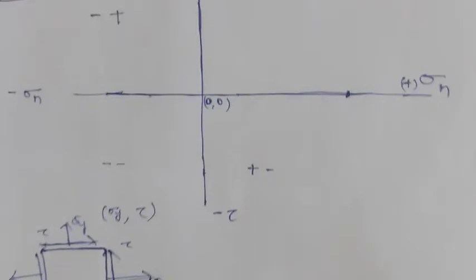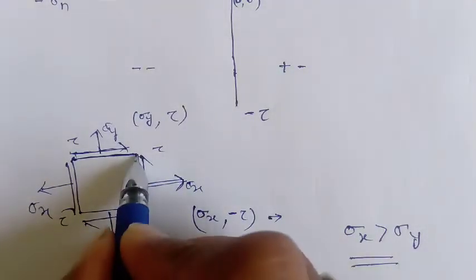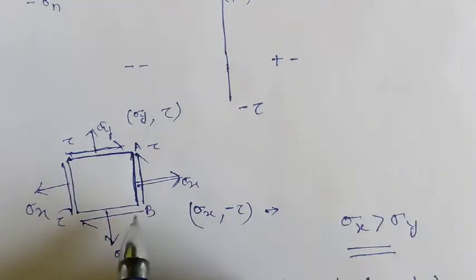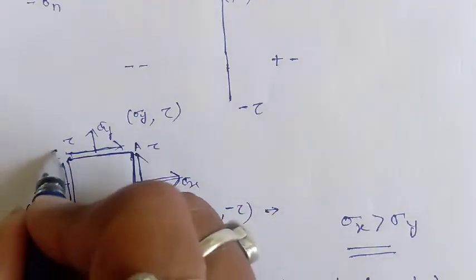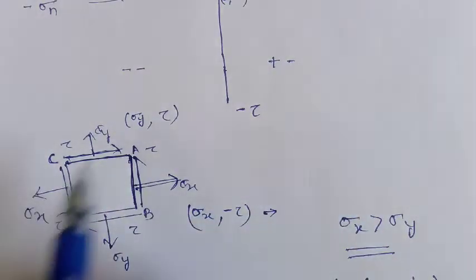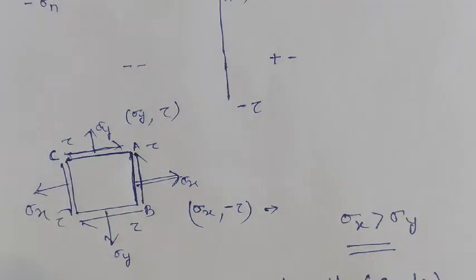Okay, so first of all, the very important thing is that suppose this is our plane. I am denoting this plane AB and this plane AC. This X plane is the AB plane and this vertical Y plane is the AC plane.